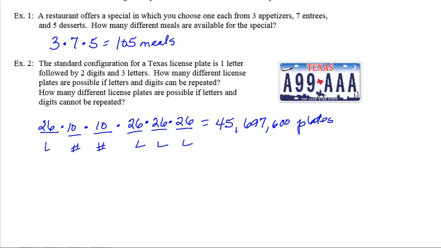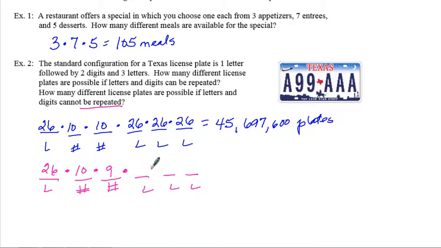Now, let's ask the question if we are not allowed to be repeating numbers or letters. Same positions available on the plate: letter, number, number, letter, letter, letter. In the first position, we have 26 letters. In the second position, we have 10 digits. In the next position, it's another digit, but we've already used 1 that we're not allowed to repeat, so we're only left with 9 choices here.